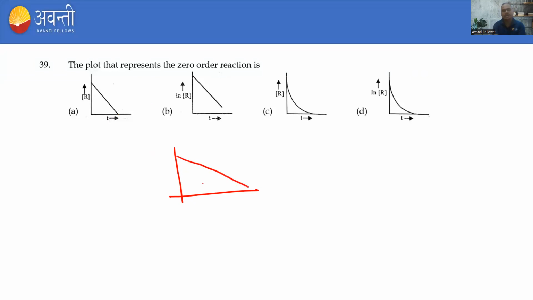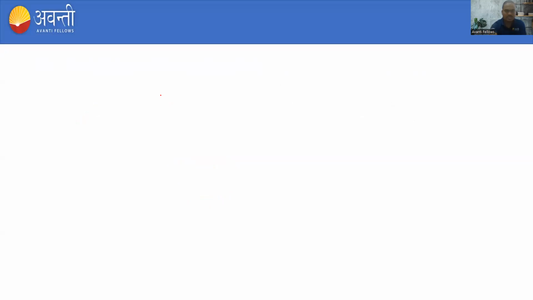Here we have the concentration of R against t, and the slope is minus k. So this is the curve for the zero order, and this is the correct one. So which option is correct, beta? That is option number A. And ln R against t is for the first order.